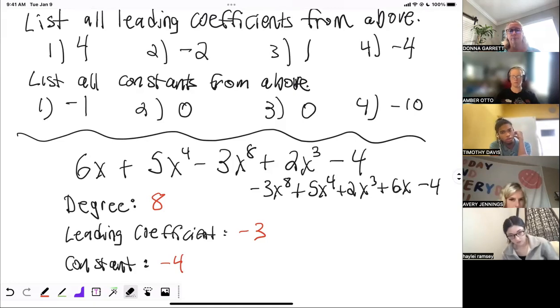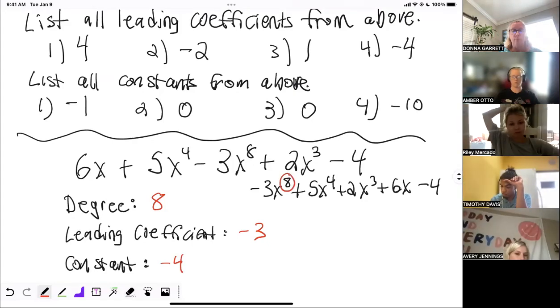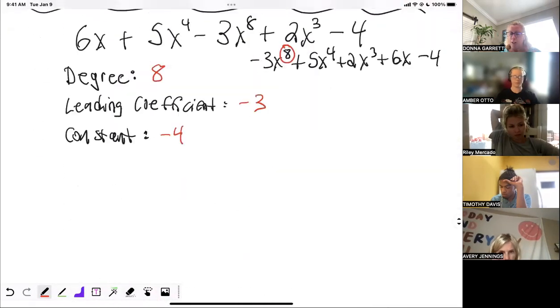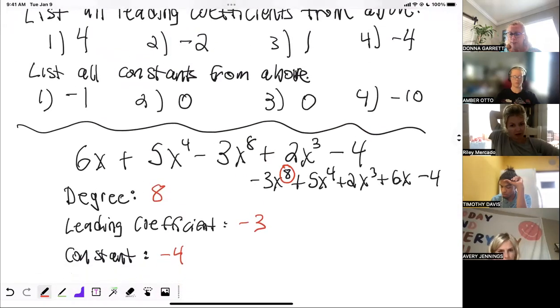I thought that you had said if there was a constant, the degree is 0. Is that not all? I'm just confused on that. Yes, constant degree is 0, but the degree of the whole polynomial is the highest exponent, which is 8. So the degree is 0 for a constant.